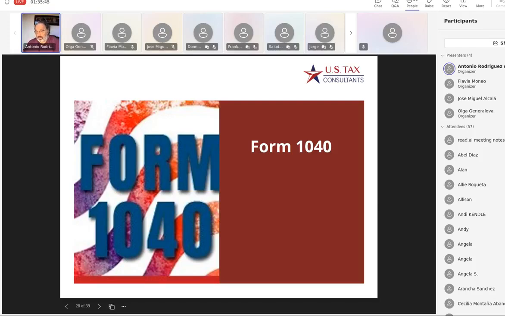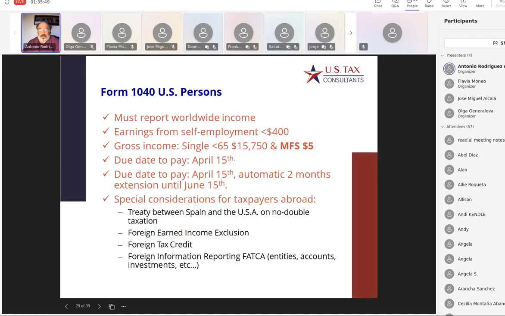So let's go to the 1040 itself. You, as a U.S. person, have to declare worldwide income. In the case of self-employment, if there is more than $400 in benefits, then you have to declare it.